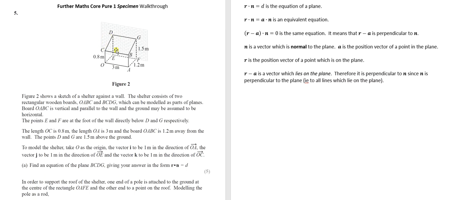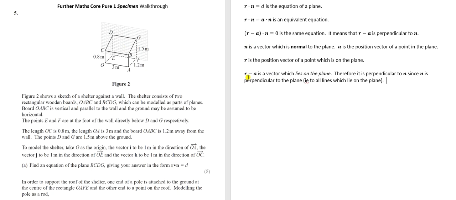If we consider this BCDG plane, the roof of this shelter, if you imagine the builder has left his spirit level or a ruler lying down on the roof, it doesn't matter which direction he lays that down, whether it's parallel with BC or parallel with DC, or perhaps it's lying at some kind of slant in between. It doesn't make any difference which direction it is. If it's lying flat on the plane, then any direction which is perpendicular to the plane must be perpendicular to that spirit level or ruler that's been left lying around.